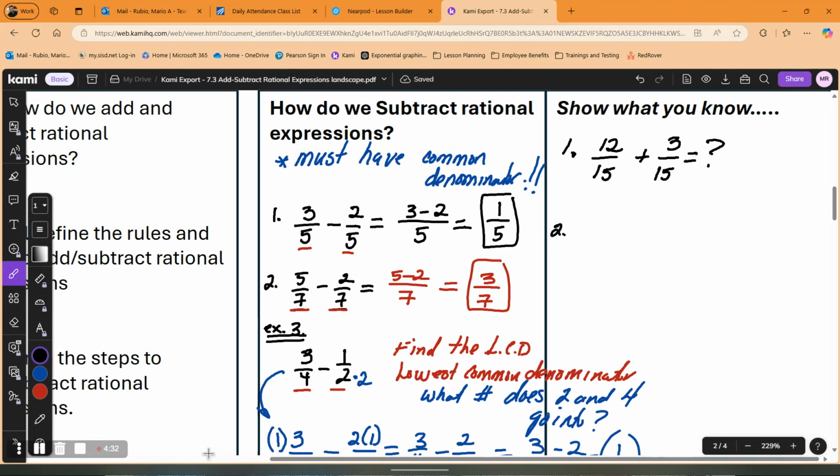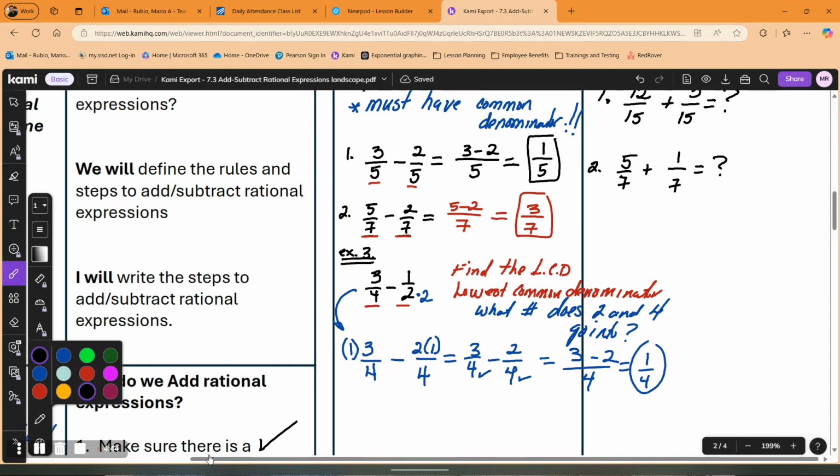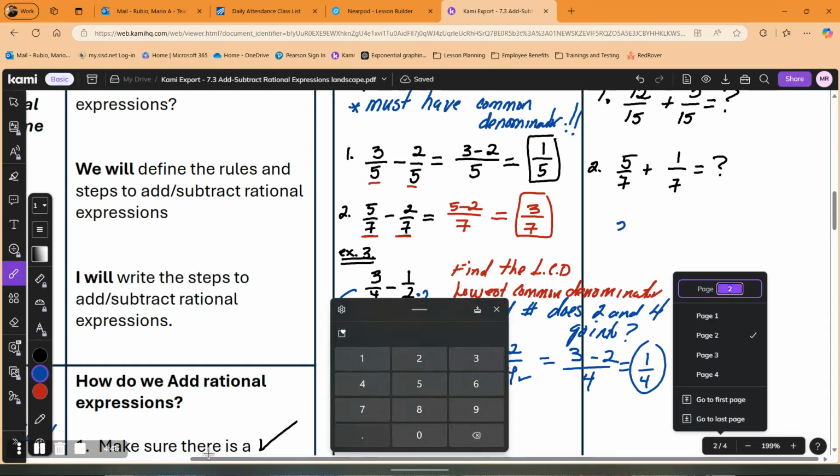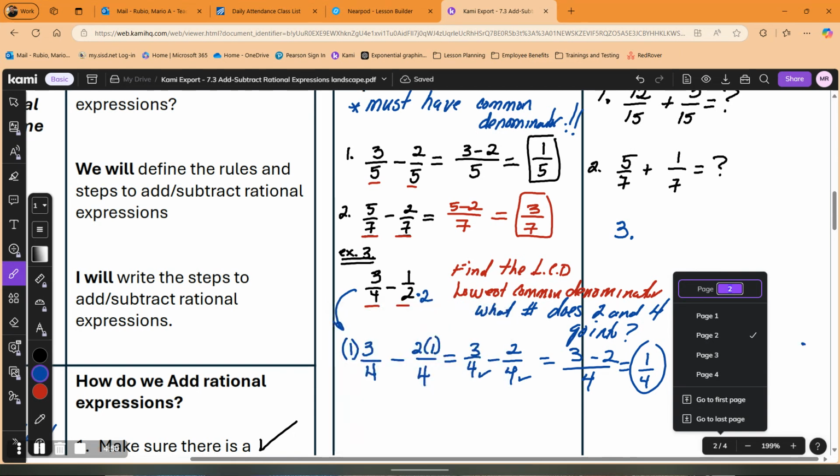Number 2 is... number 3. You will have to find the LCD here.